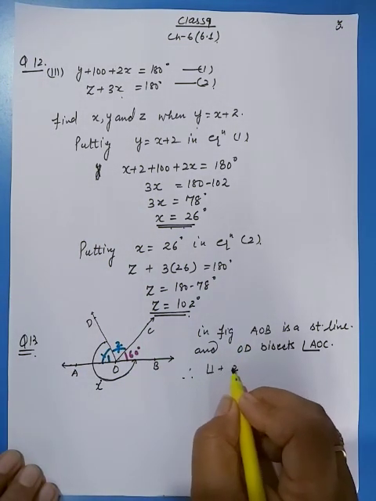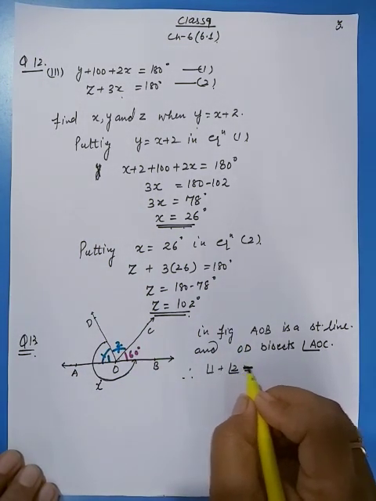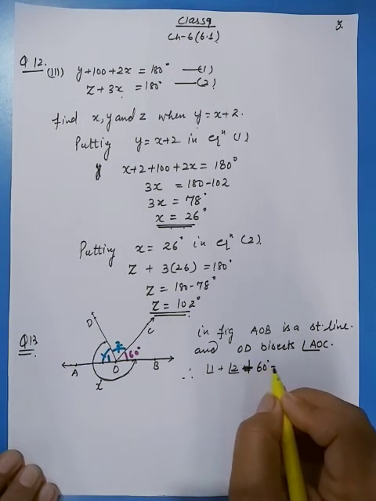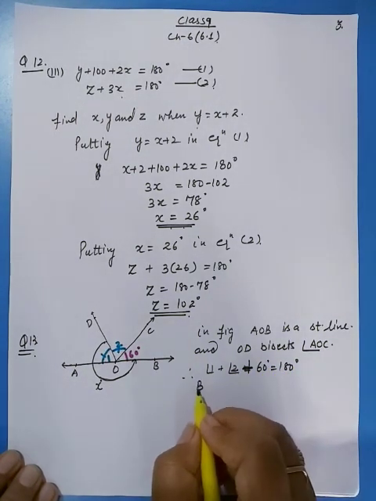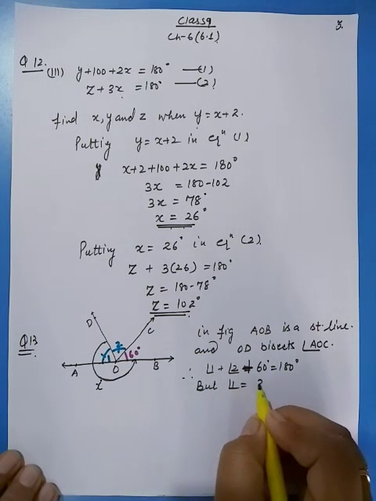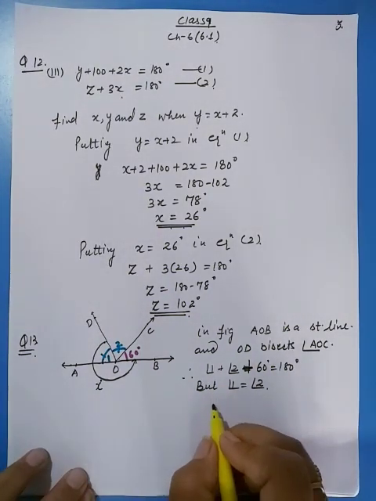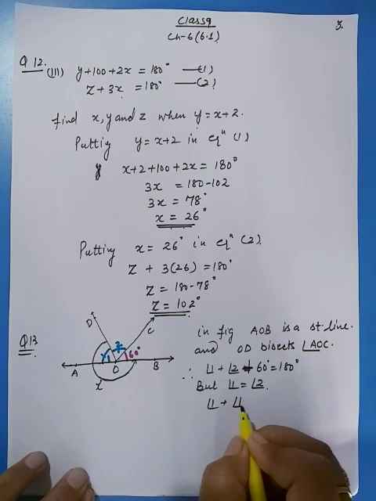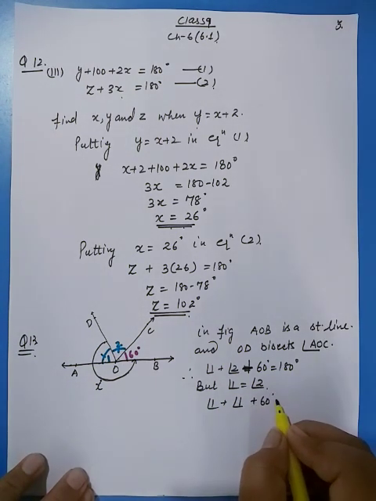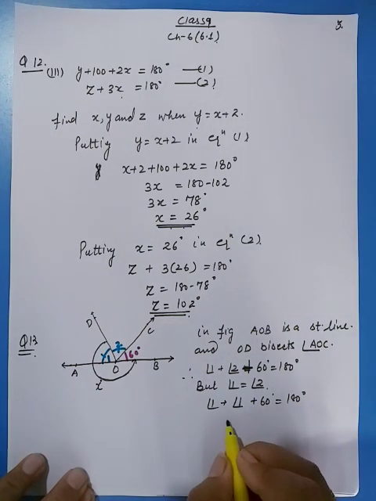Angle 1 plus 2 plus 60 degree is equal to 180. But angle 1 is equal to angle 2. So we can find the value of angle 1 or you can say the value of angle 2.